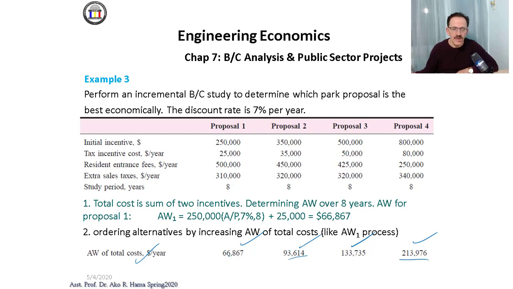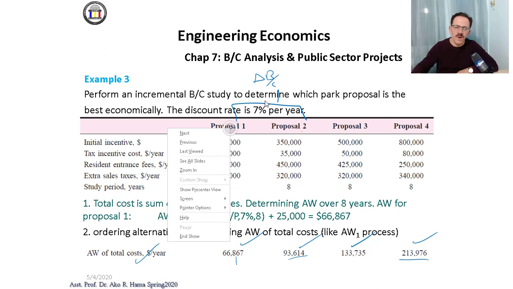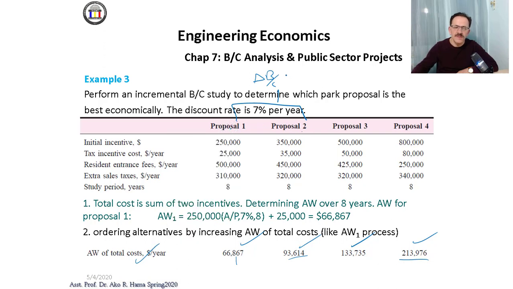Now the sequence of the proposals based on the first cost, the total cost is okay and it's in the correct order. Now we have to compare between the first one and the second one and see which one will win from this competition. We have to find delta B over delta C for proposal 2 minus proposal 1, and after that we have to see, is it greater than 1?